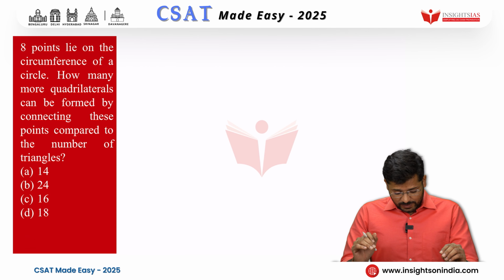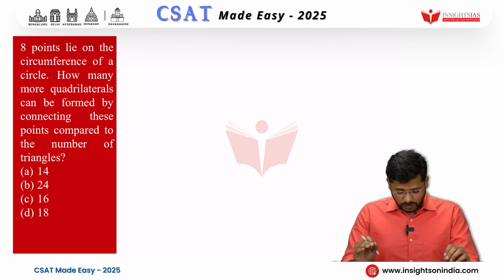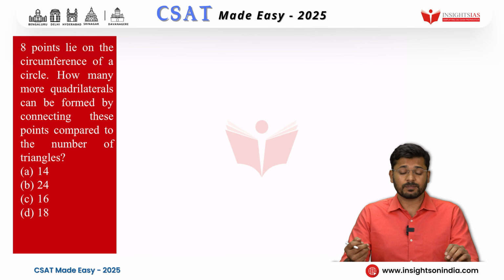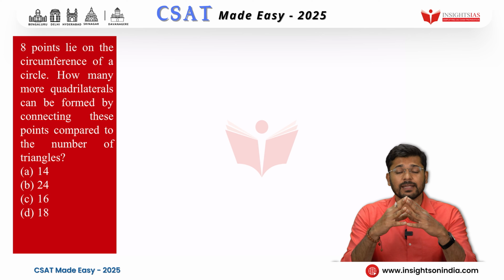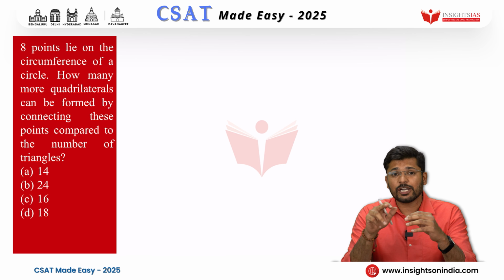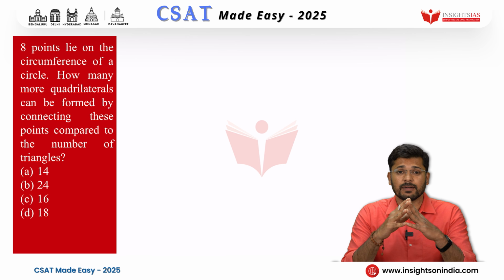Let's read this one. 8 points lie on the circumference of a circle. How many more quadrilaterals can be formed by connecting these points compared to the number of triangles? Let's understand the question once. The question tells us that there is a circle and there are 8 points on the circle.